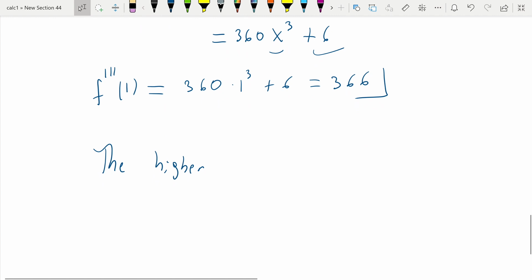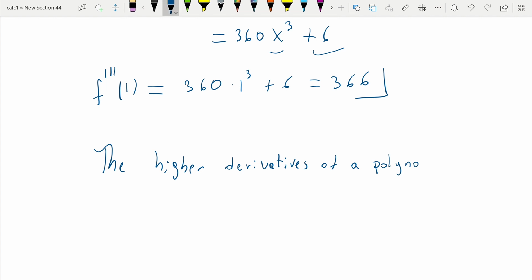So the higher derivatives of a polynomial are eventually zero. So the zero function. If you take enough derivatives, you end up with the zero function.